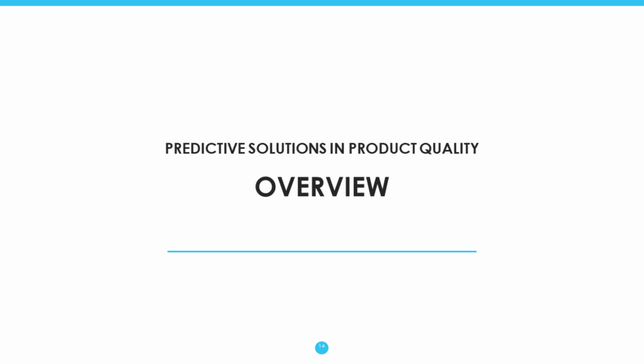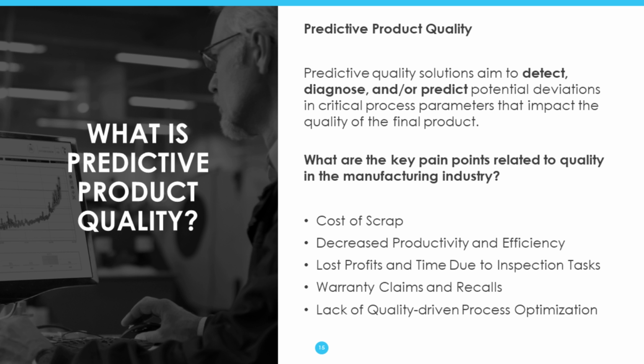So let's go back and define predictive quality for a second before going into the case studies. I like this definition. I like to read it because it makes a lot of sense. A predictive quality solution aims to do 3 things.